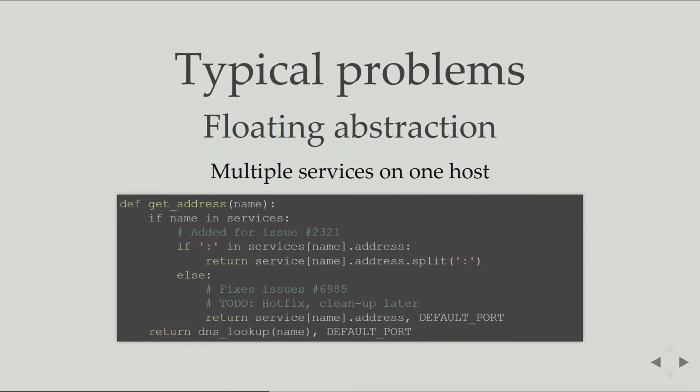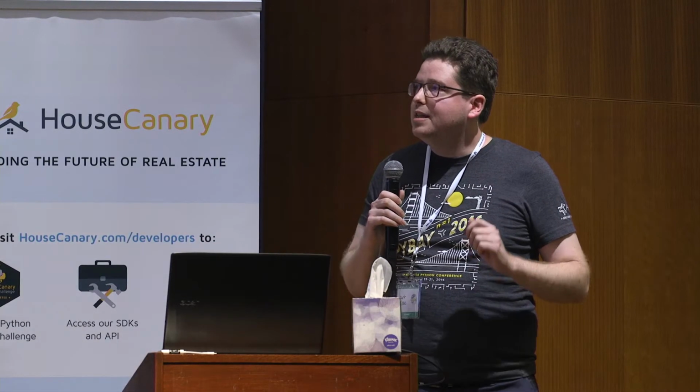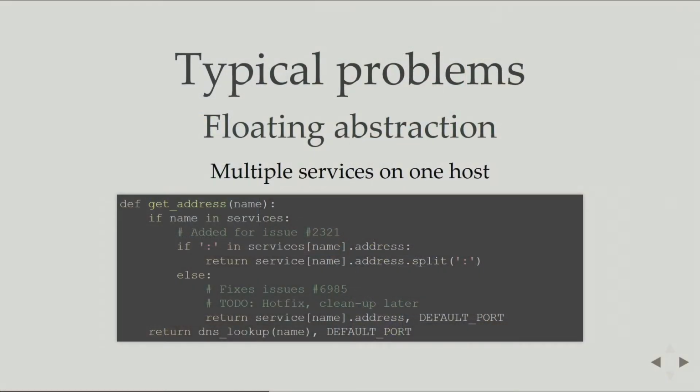There was an issue where we wanted to serve multiple services from the same host. The problem with them all using the same port is that they can't bind to that port. So we needed to add another different data structure that allows you to specify a unique port for that service. But at the same time, we still have some other services that don't really need the unique port, and maybe we weren't sure exactly where all they were coming from. And of course, there's still the DNS path as well.